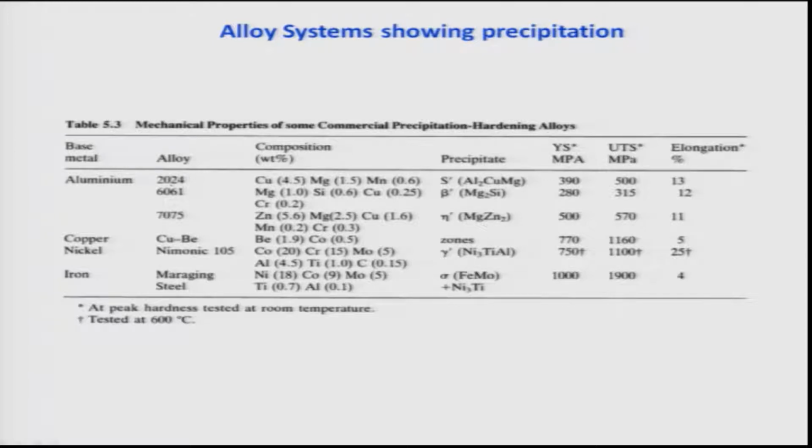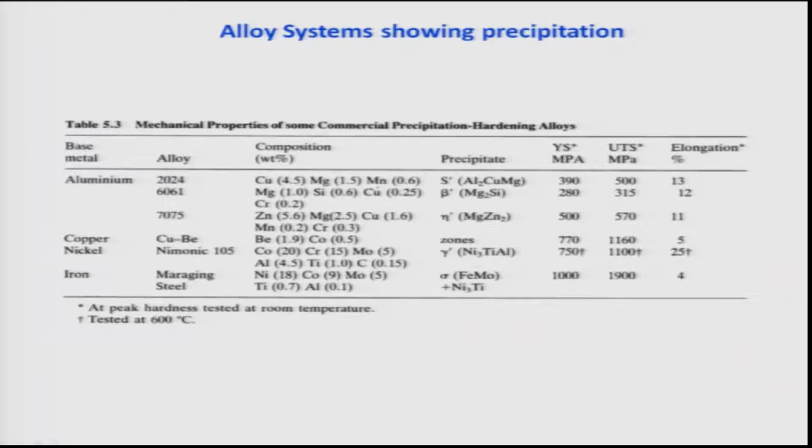In the 2024, the precipitated phase is S prime, as you see here, which is Al2CuMg. Normally in aluminum copper alloy it is Al2Cu and that is known as theta, but when you add a little bit of manganese and magnesium both, manganese will be about 0.6% and magnesium will be about 1.5 weight percentage.